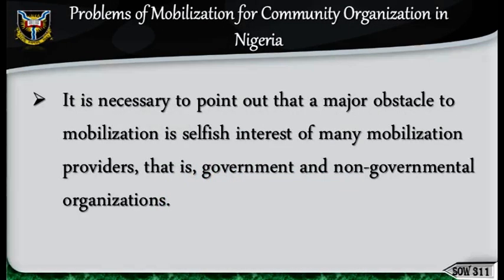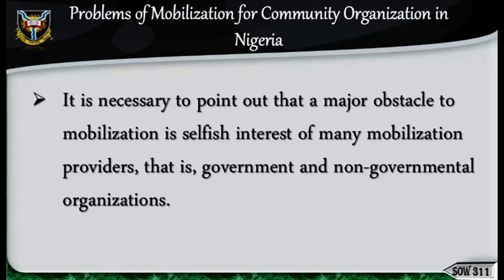It is necessary to point out that a major obstacle to mobilization is the selfish interest of many mobilization providers, that is, government and non-governmental organizations. Many officials and mobilization providers are more conscious of the monetary gain which comes to them from funds provided by government and international donors.